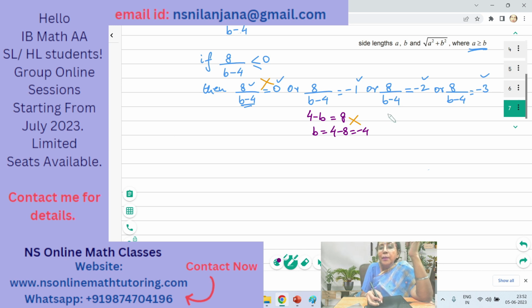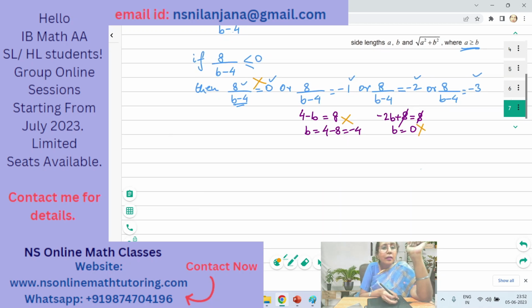Coming to the third subpart. This is minus 2B plus 8 is equal to 8. That means B is equal to 0. Rejected. B is a side length, cannot be equal to 0.